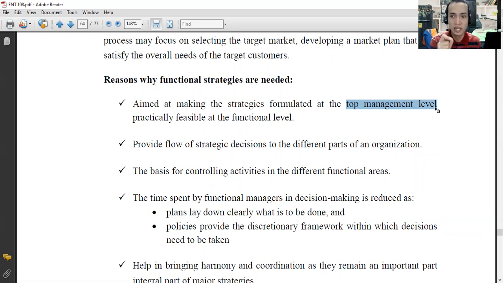It is important for us to have strategic control because not all formulated strategies will have the same output or the same goals in terms of execution or strategic implementation, due to certain factors that were not practically considered during the strategic formulation process.